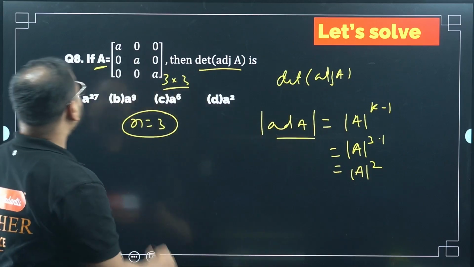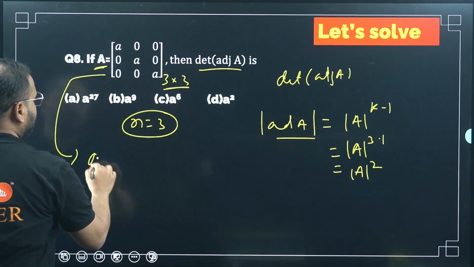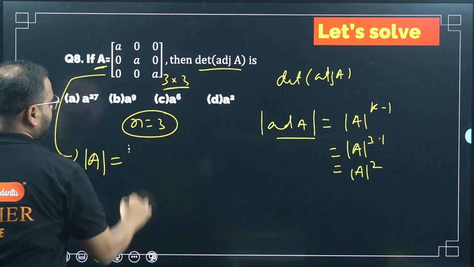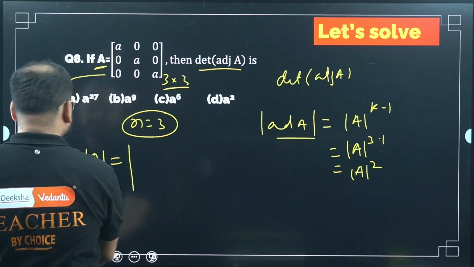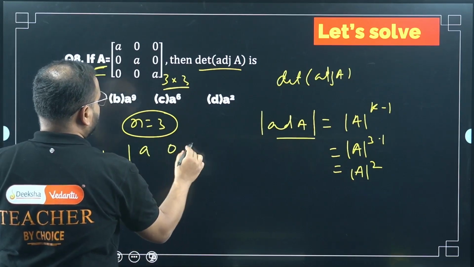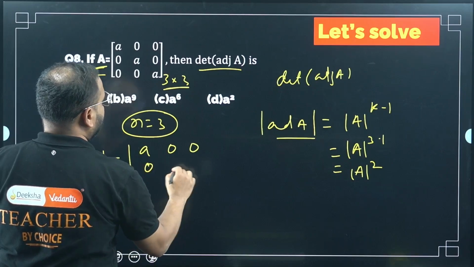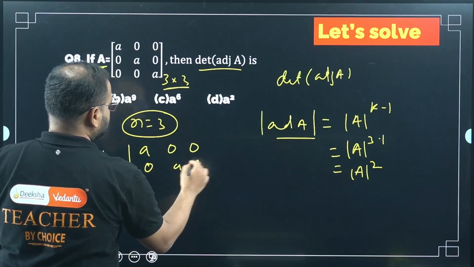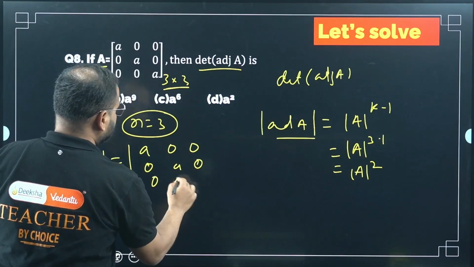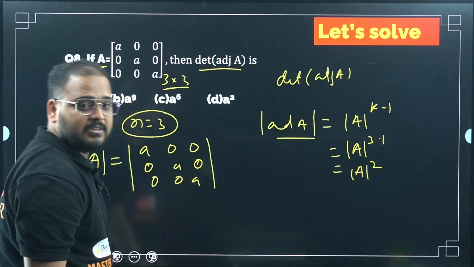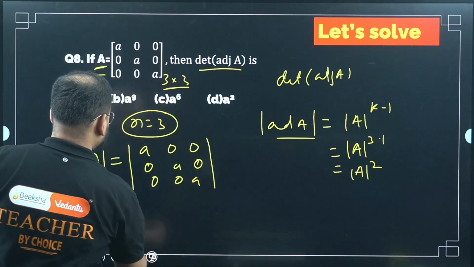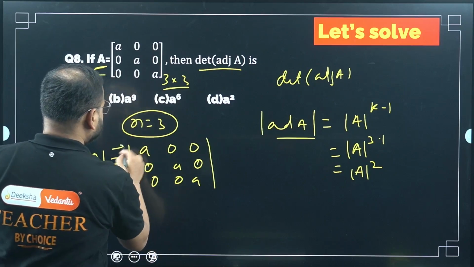How will the determinant look like? Please check here. The determinant will look like this: a 0 0, 0 a 0, 0 0 a. Am I right? All right, now let's take across the first row.